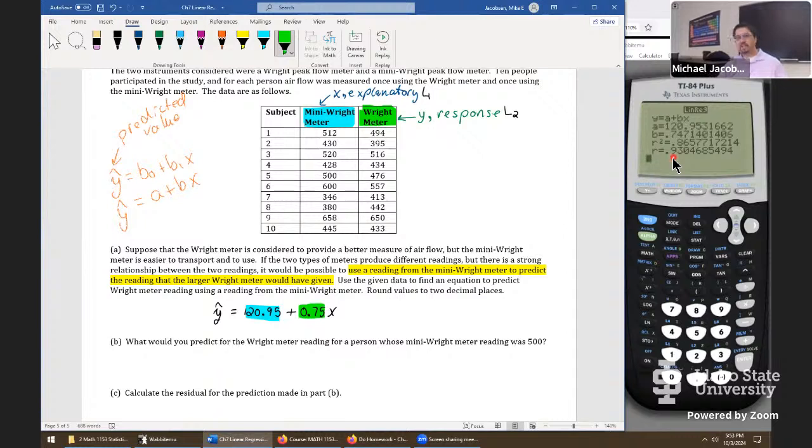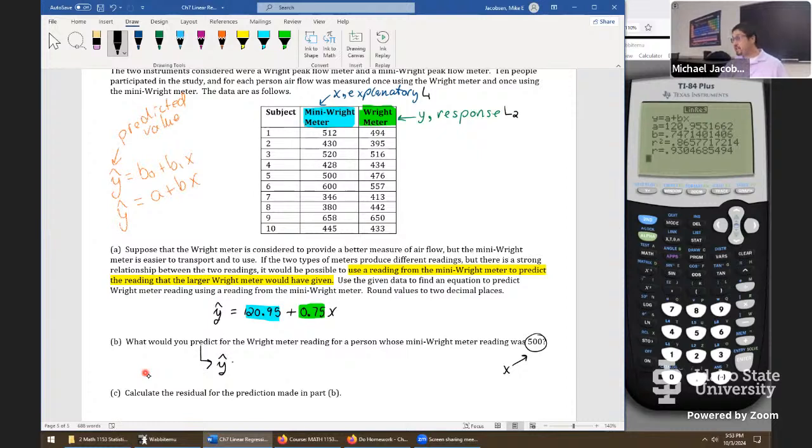Okay, so reading through this again, it says, what would you predict for the right meter reading for a person whose mini right meter reading was 500? When they gave us this 500, that's x, because they're talking about the mini right meter reading. So all we do is, when this says what would you predict, that's y hat they're talking about.